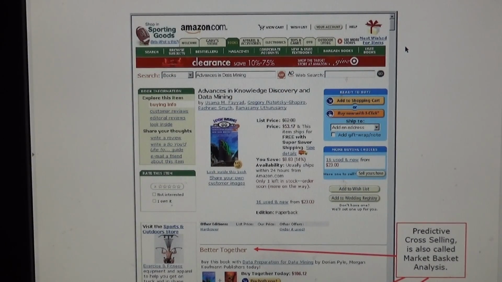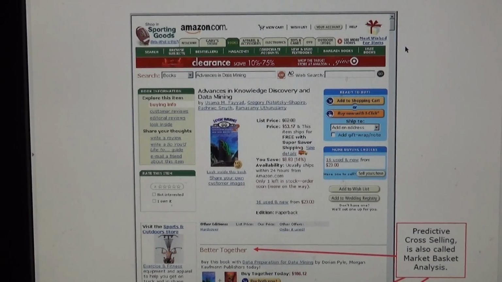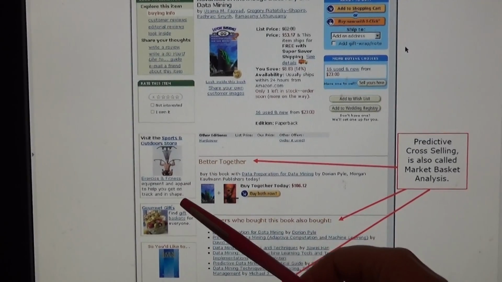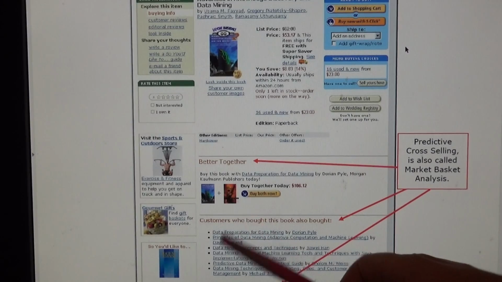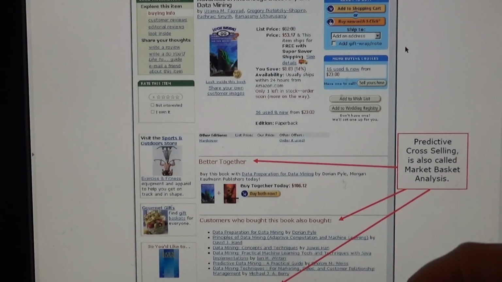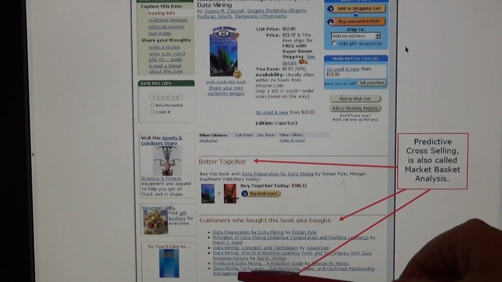You go to Amazon, you look up a book on data mining, and then what happens? They say things like, if you buy that book instead of $53, if you buy that and then the second book, they give you a price break of $100 and something. Also, customers who bought this book, and they give a list of other books that the customer bought.